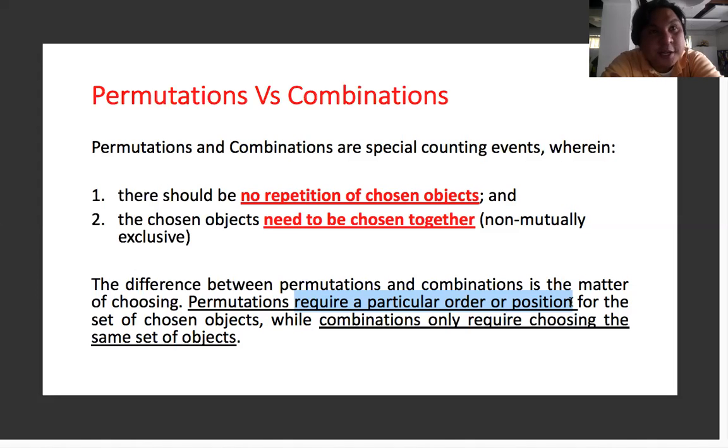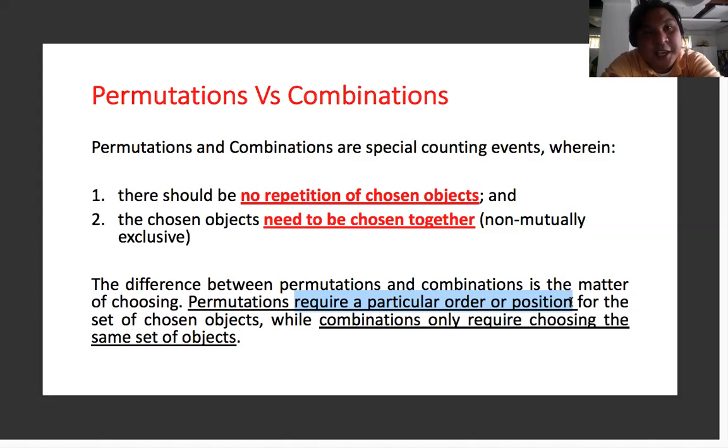So for example, if you're supposed to choose group members, it doesn't matter which group member was chosen first, as long as the people in the particular group are the same.